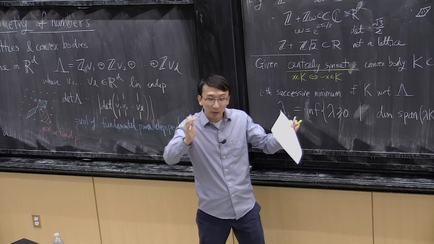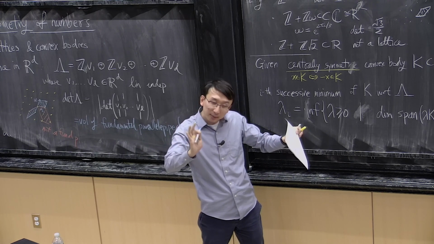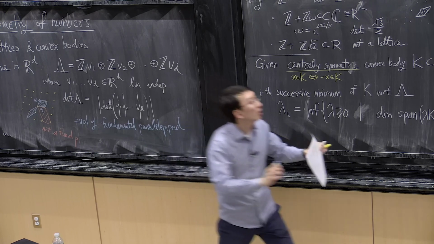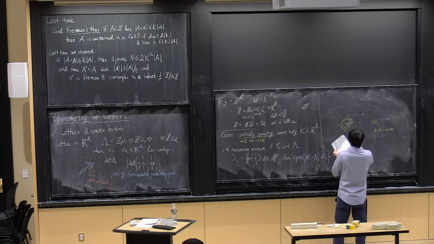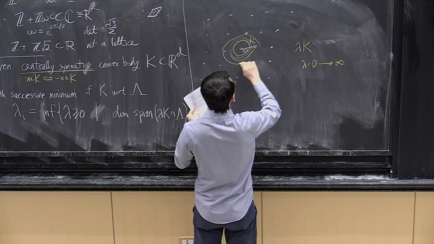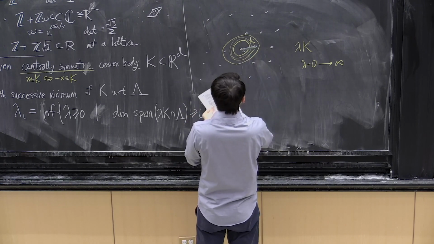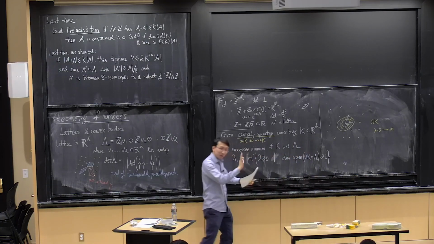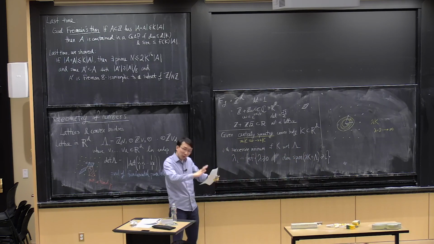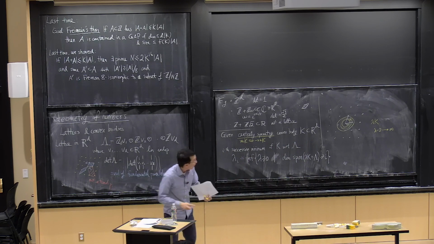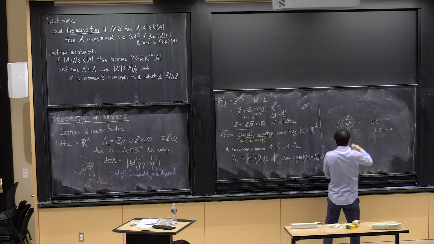It's going to keep on growing until I hit a vector in a direction I haven't seen before. The next time I hit a vector in a new direction, I stop the animation and I look at the other vector. So I keep growing this convex body until I hit new vectors.